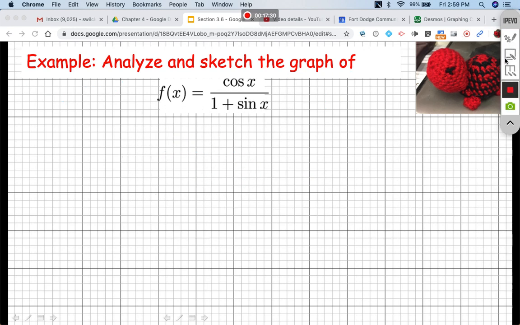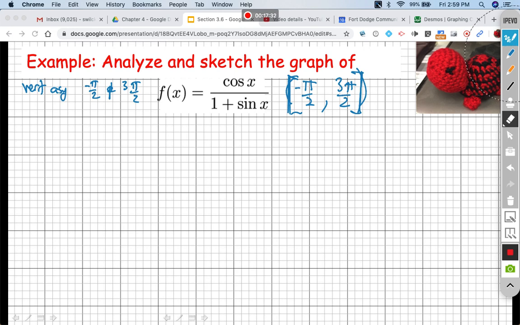If I want to look at my end behavior, I don't need to, because I'm going to say no horizontal asymptotes, because I know at the endpoints of this interval, I'm going up to infinity, because the denominator is going to 0.